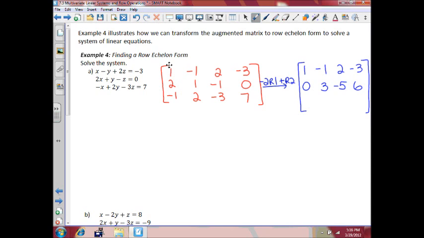Now in our third row, you should see that we have a 1 and a negative 1. Because those are opposites, we can just add row 1 and row 3. 1 plus negative 1 is 0. Negative 1 plus 2 is 1. 2 plus negative 3 is negative 1. And negative 3 plus 7 is 4.